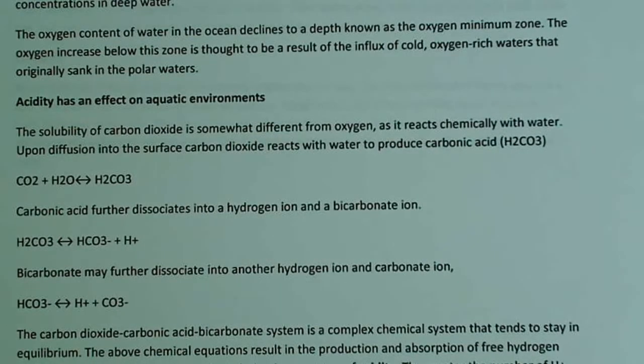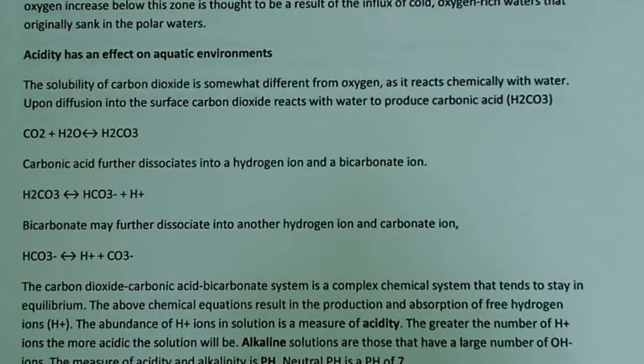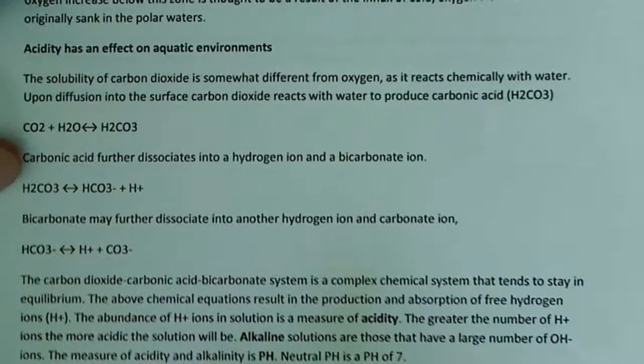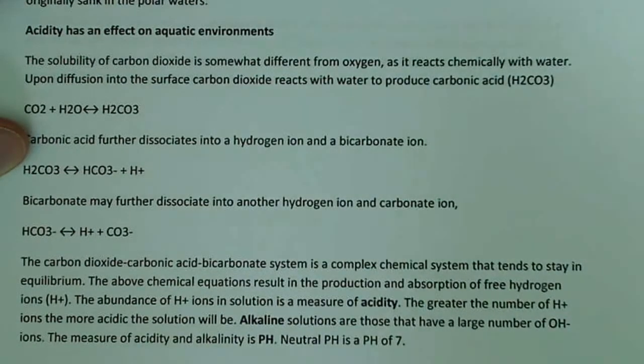So it could further dissociate to H+ and CO3 2-. So the carbon dioxide, carbonic acid, bicarbonate system is a complex chemical system that tends to stay in equilibrium. Okay? And the above chemical equations result in the production and absorption of free hydrogen ions.